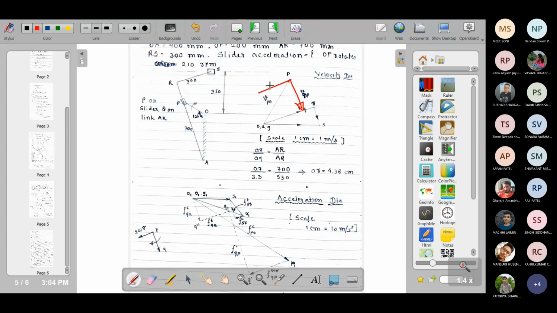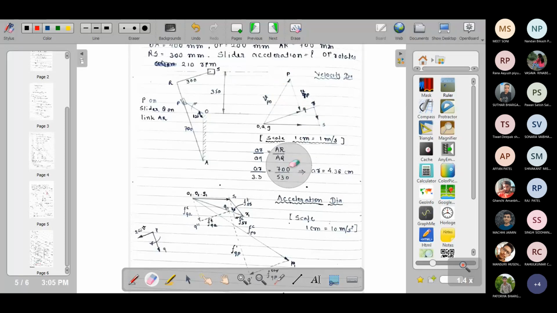Omega, it is rotating clockwise direction. So clockwise means it is in this direction. So this is 2 omega v. Is this clear? Yes, sir.